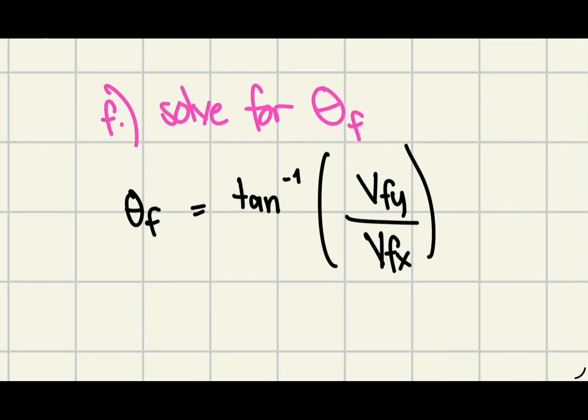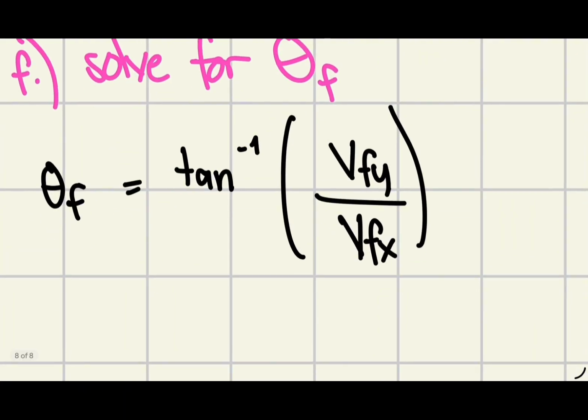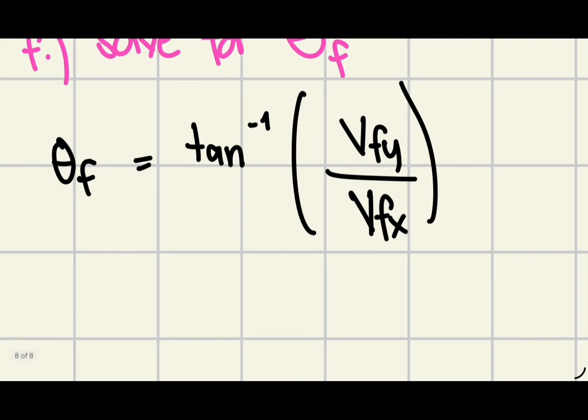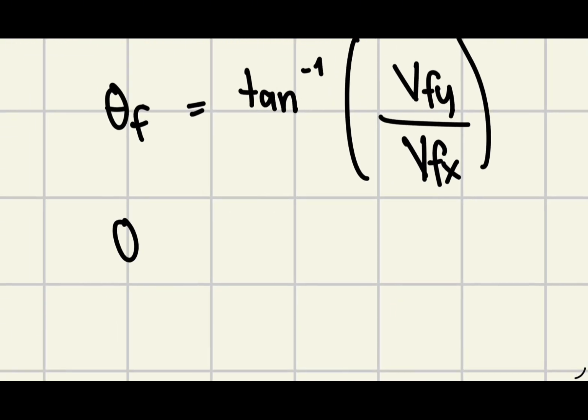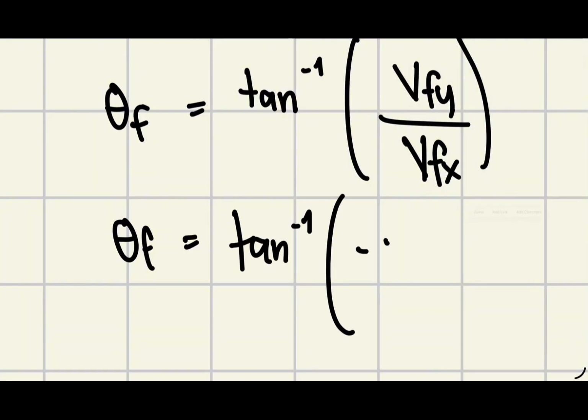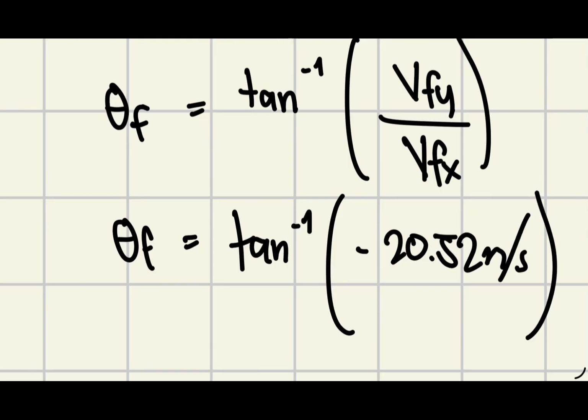Finally, we're solving for the theta final or the final angle of projection. So we can use the inverse tangent of our vertical component over the horizontal component of our final velocity. So we just substitute our values. The inverse tangent of negative 20.52 meters per second all over 28.28 meters per second.